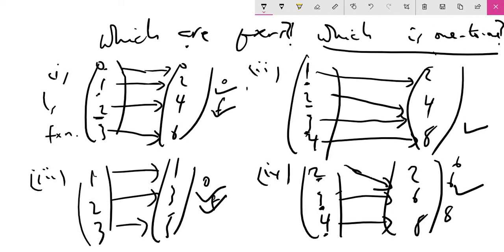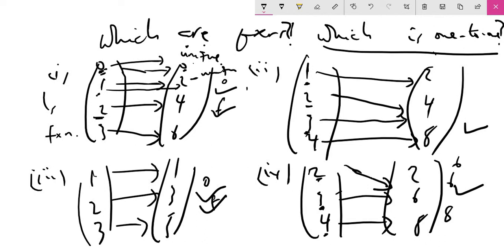They are one-to-one because every single element in the domain maps to another element which is not shared by any other element within the domain, right? So the value that this maps to is unique. The value that this maps to is unique. It is not the same as this.